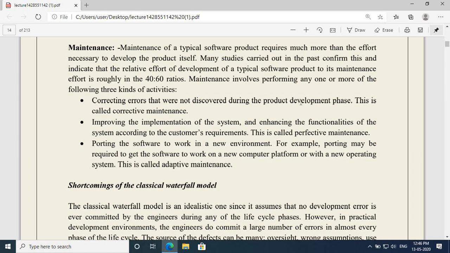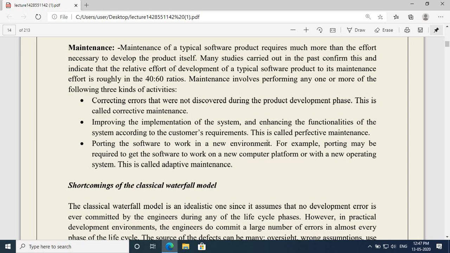Whenever we develop a product, sometimes there may not be errors while developing it, but after some days an error is found out, and that error must be corrected in the maintenance phase. Then improving the implementation of the system and enhancing the functionality according to the customer requirement. Then porting the software to work in a new environment.